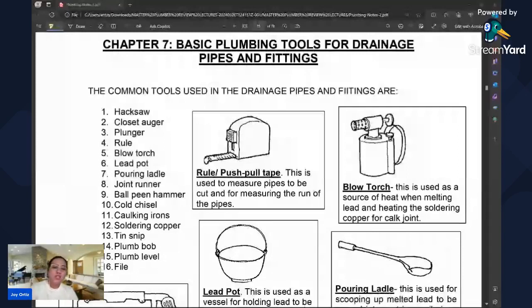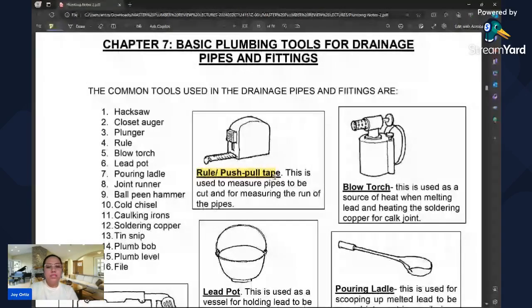We have the hacksaw, closet auger, plunger, rule, torch, lead pot, or pouring ladle, joint runner, ball peen hammer, hindi siya ball pen, ball peen hammer, cold chisel, caulking iron, soldering copper, tin snip, plumb bob, and plumb level, and the file.